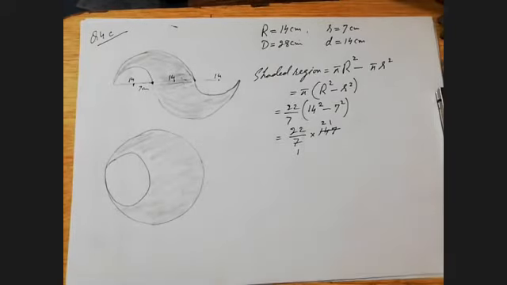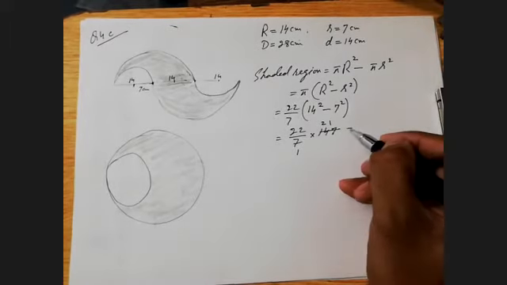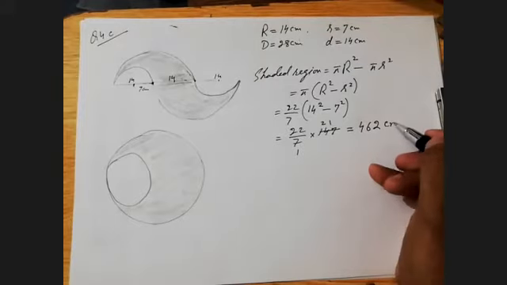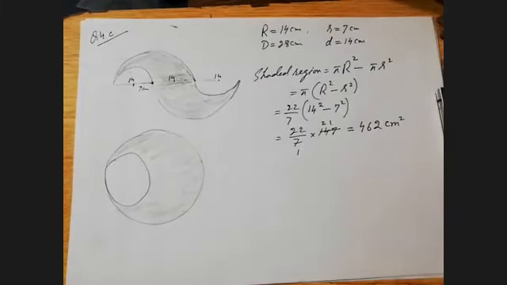Now 21 multiplied by 22 is equal to 462 centimeter square. So this is the area of shaded region.